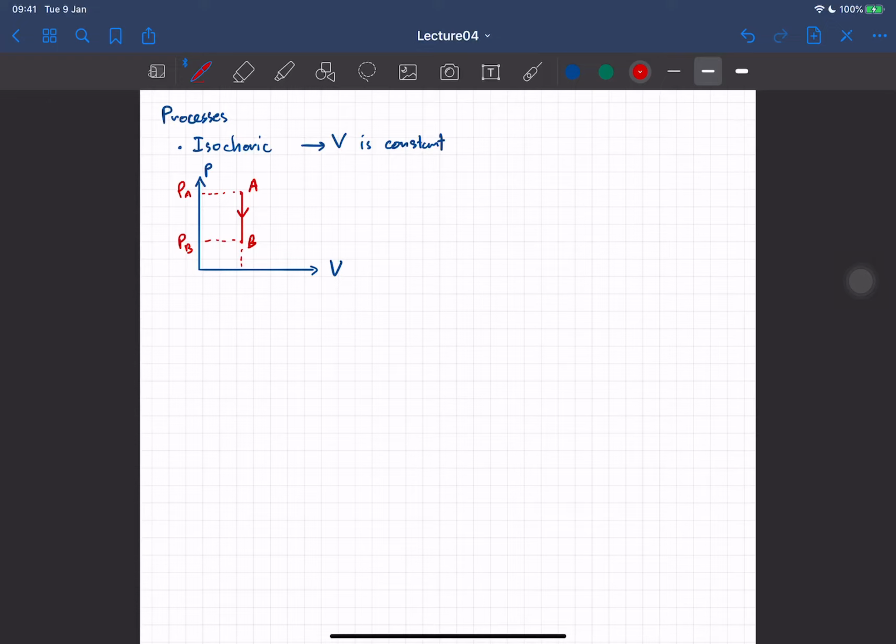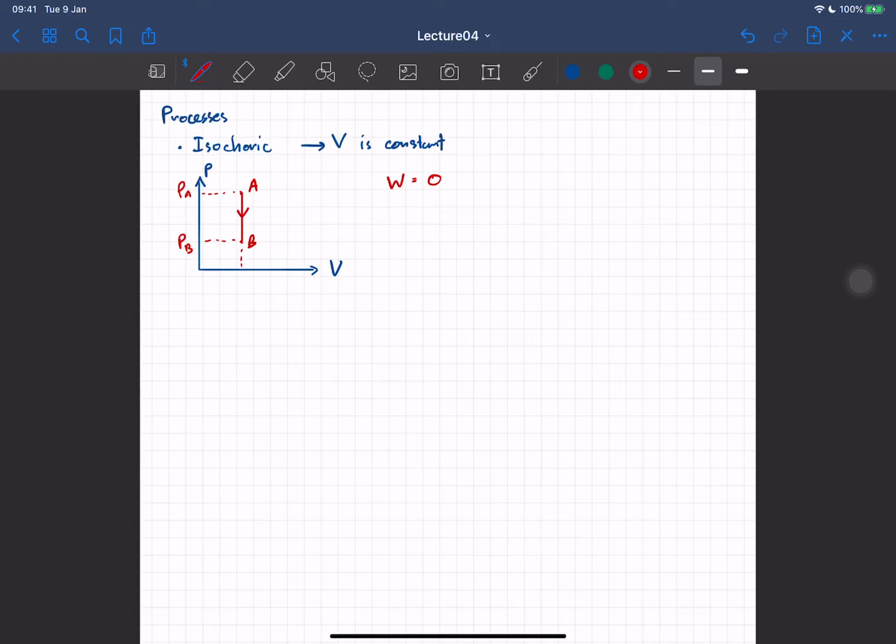But since volume does not change, that means the area under the curve is 0. Okay, because there's no area here. So that means for this particular process, W is 0.